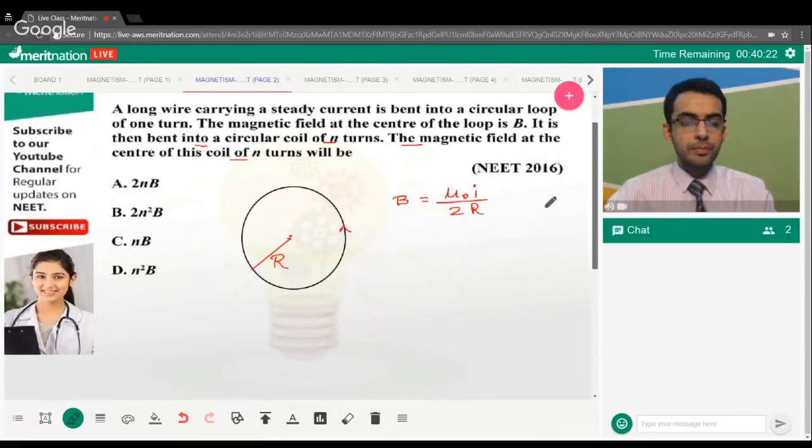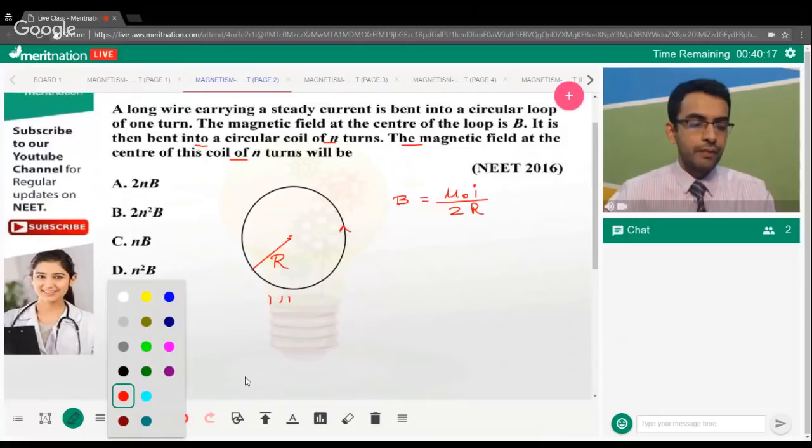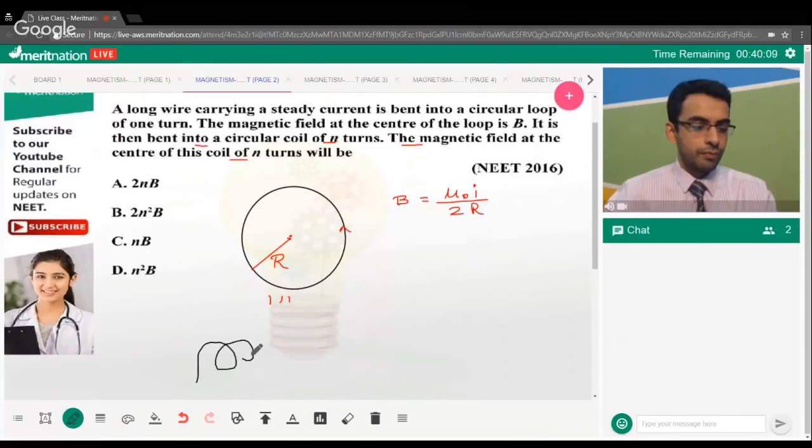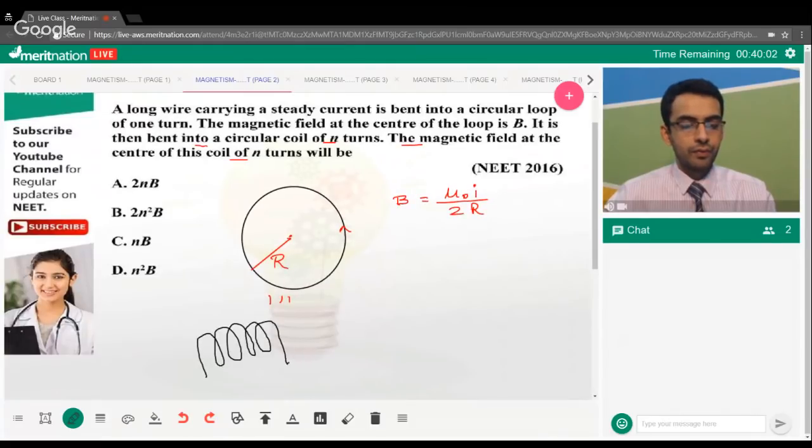So suppose we transform this into another coil having n number of turns. Firstly, how to find the magnetic field? Before finding the magnetic field, we need to know the value of the radius.